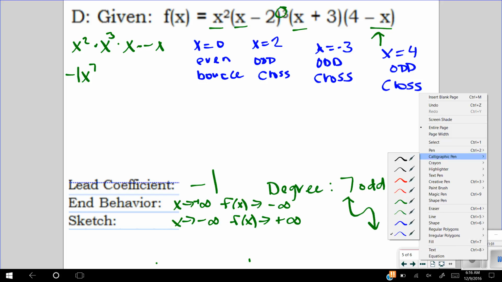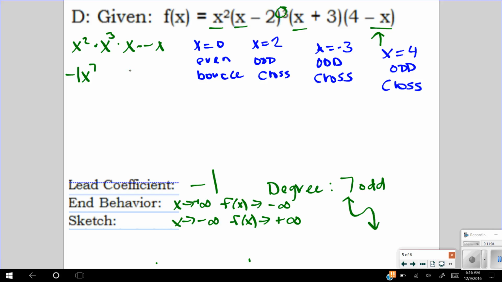Okay, so to make my sketch, I'm going to start by plotting the zeros. 0, 2, negative 3, and 4. And now according to my sketch down here, I need to start from up here.